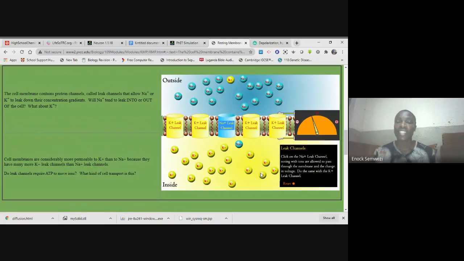That means that even though two potassium ions are pumped into the inside of the membrane, there are higher chances that many potassium ions leave the inside to the outside, meaning that the inside remains with fewer potassium ions and few sodium ions get into the inside of the membrane.